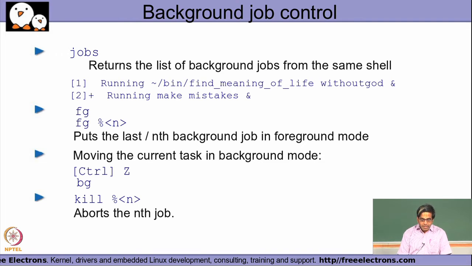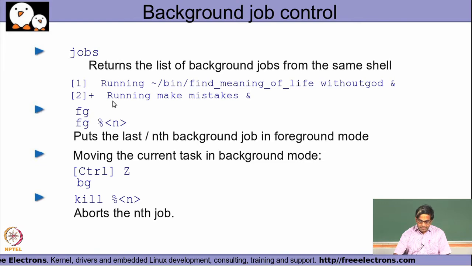Another command that we need to understand as part of job control is the command called kill, which is typically used to kill the command associated with a particular background job. If I say kill followed by %1, it will try to kill the task that is listed as the first process in the jobs output.